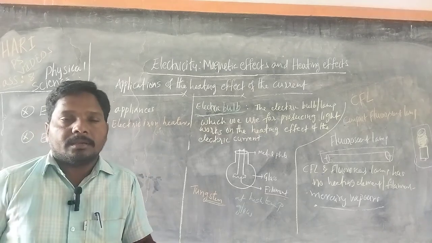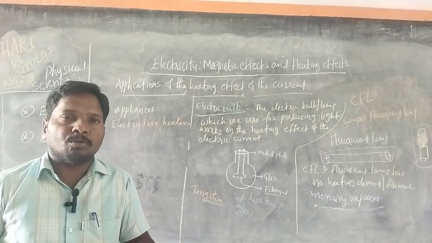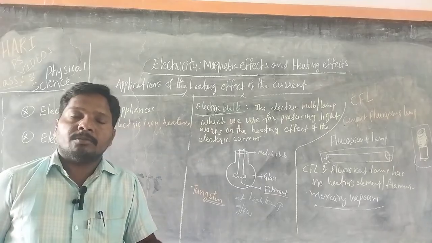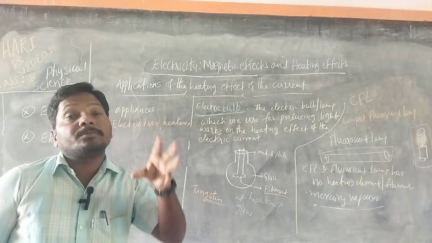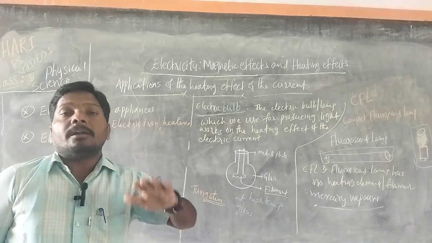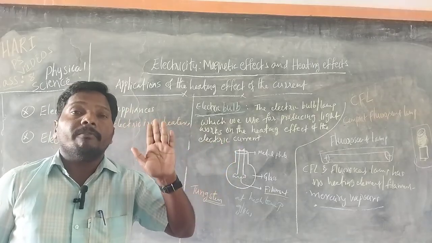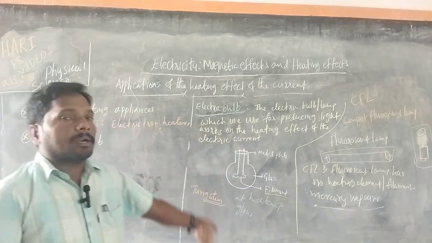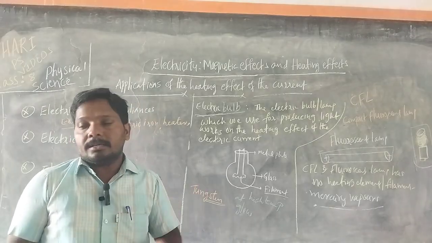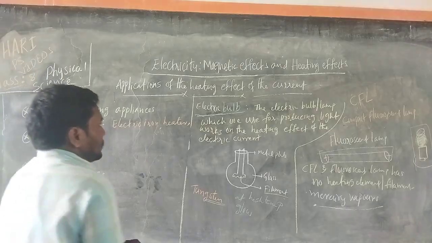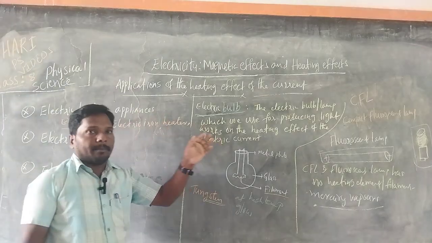Little heat energy is produced, yet they give huge light. They give us more light and consume less energy, and no electrical energy is wasted. But in the case of an electric bulb, electrical energy is wasted. Right?